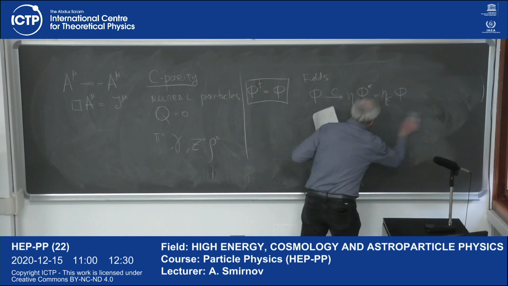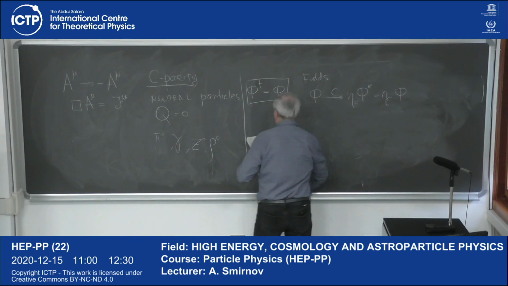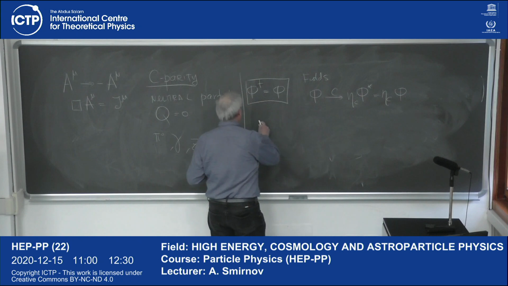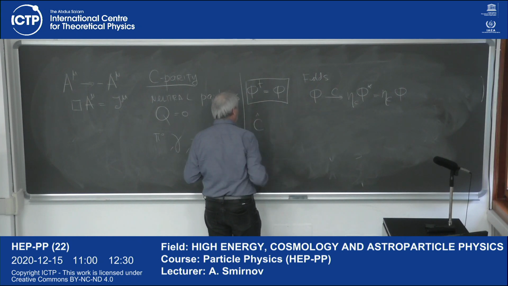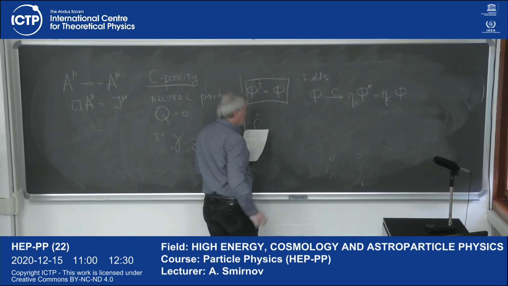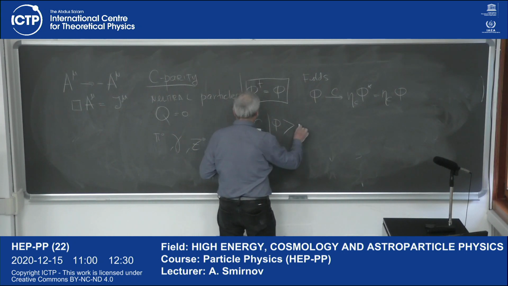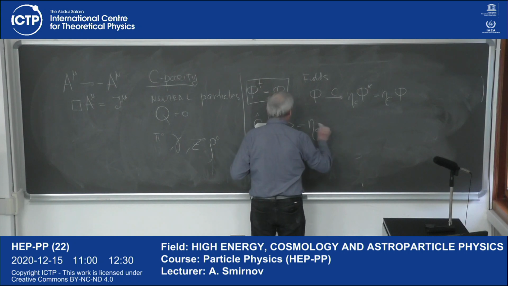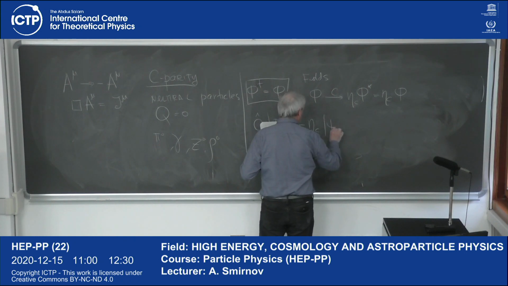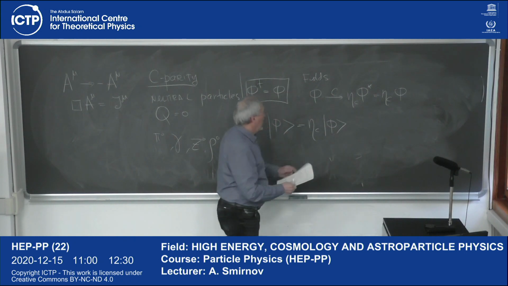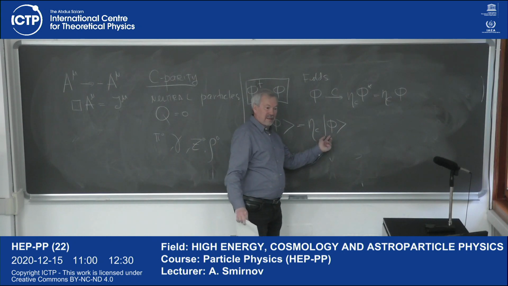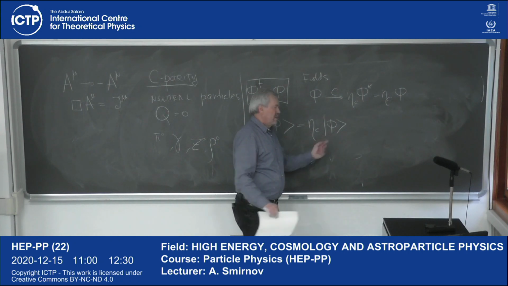Now, let us look at this equality. At the quantum level, we can write it using the operator of C transformations. Acting on the field, it will give eta C times the field itself, because the particle coincides with the antiparticle.